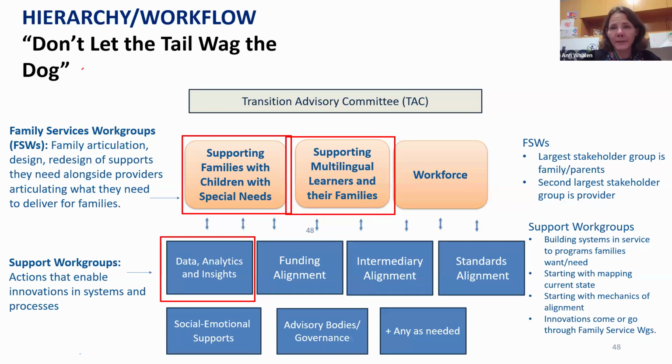But in addition, we know not everybody in the state can sit on a work group, so we are also going to have what we're calling focus discussions, where a work group may come up with an idea, and we then will want to have a focus discussion with parents of children who are birth through 3 and say, what does that look like and feel like to you? What are we missing here?